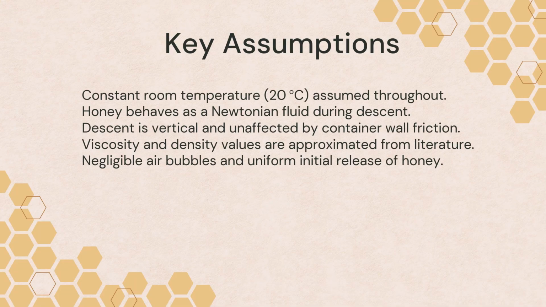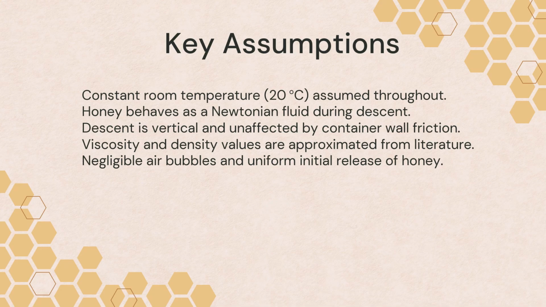Before I started the experiment, I had to make a few assumptions to simplify the analysis. First, I assumed that the room temperature stayed constant at around 20 degrees, since viscosity can vary a lot with temperature. I also treated the honey as a Newtonian fluid, meaning its viscosity stays the same no matter how fast it's moving.